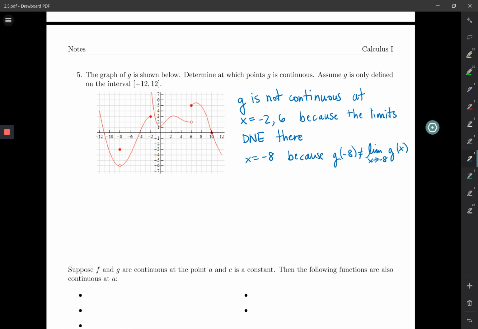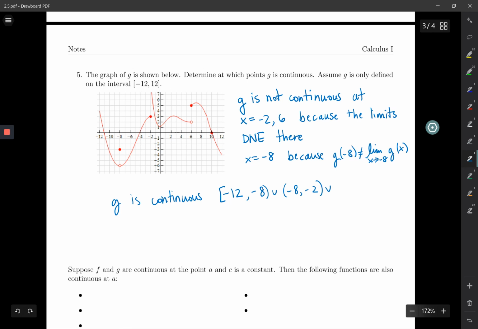Okay, so that means that g is continuous everywhere else on this interval. We're assuming that the function's only defined from -12 to 12, so starting from -12, the function is continuous up to, but not including, -8, right? And then from -8 up to, but not including, -2.